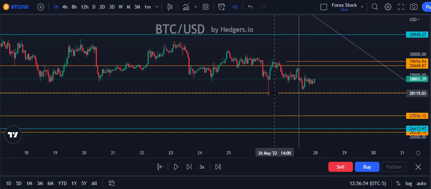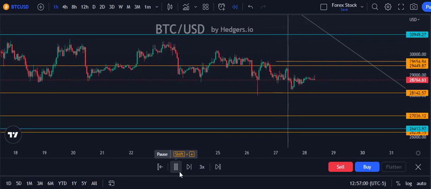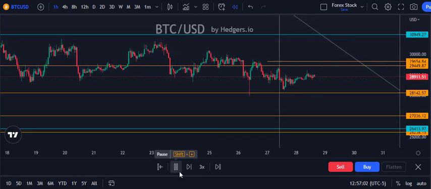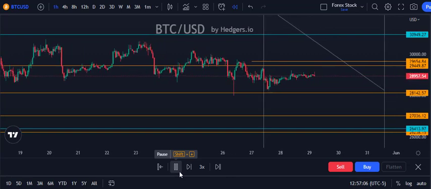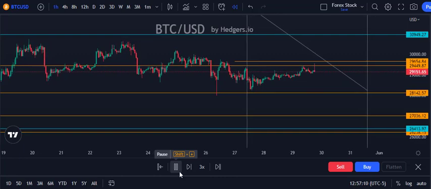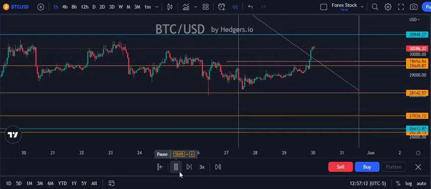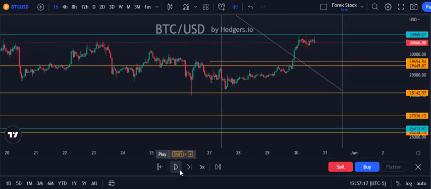These levels can be your take profit. You can easily use them in your trading strategy. You can make your own signals, your own trade setups with the help of these levels. This is basically called volume analysis. Okay, so this is it.